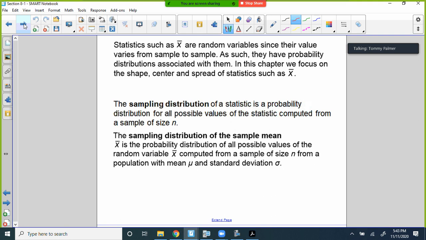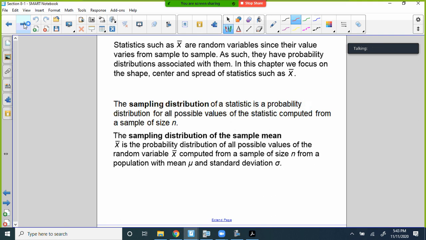So the sampling distribution of a statistic is a probability distribution for all possible values of the statistic computed from a sample of size n. So the sampling distribution of the sample mean, X bar, is the probability distribution of all possible values of the random variable X bar computed from a sample size n from a population of mean and a standard deviation.